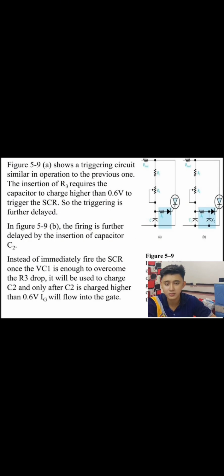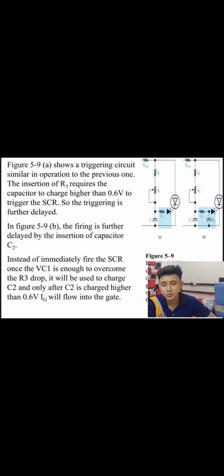Figure 5.9 shows a triggering circuit similar in operation to the previous one, the one with the capacitor. The insertion of resistor 3 requires the capacitor to charge higher than 0.6 volts to trigger the SCR. So the triggering is further delayed.